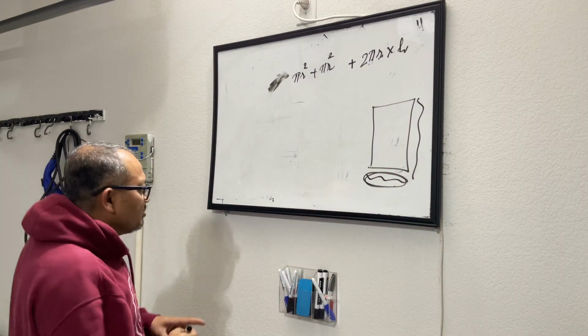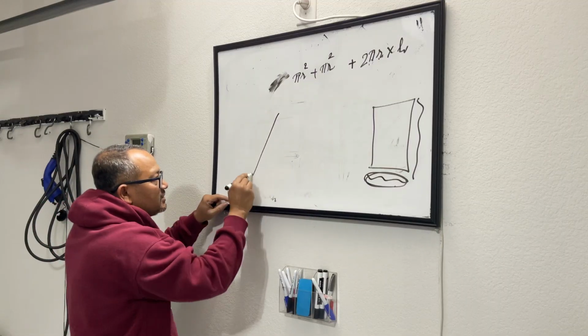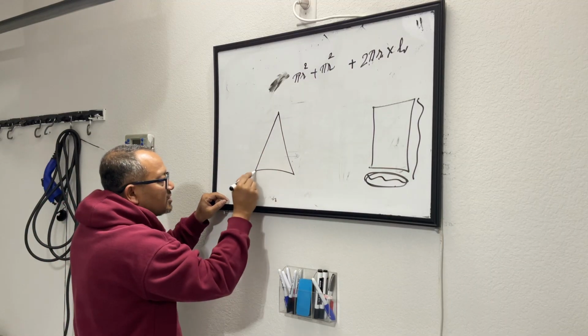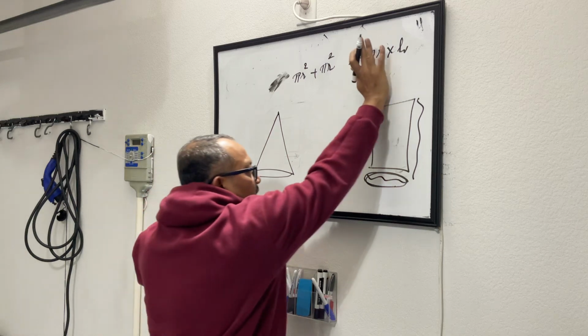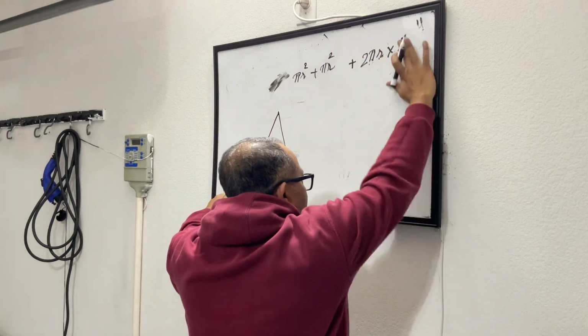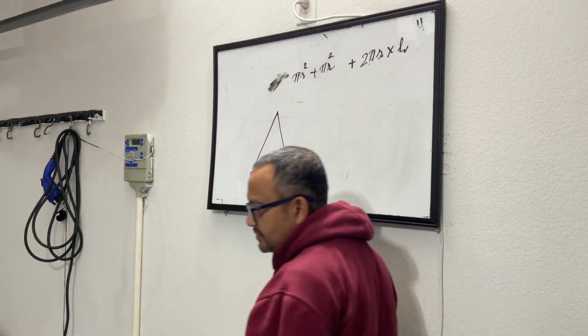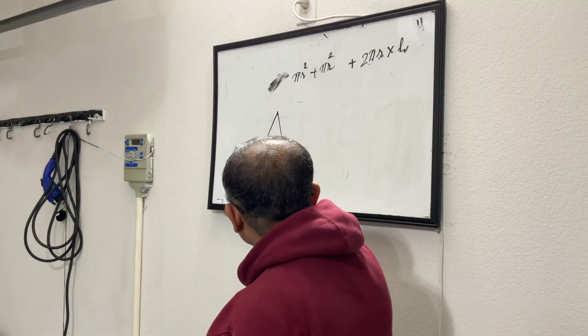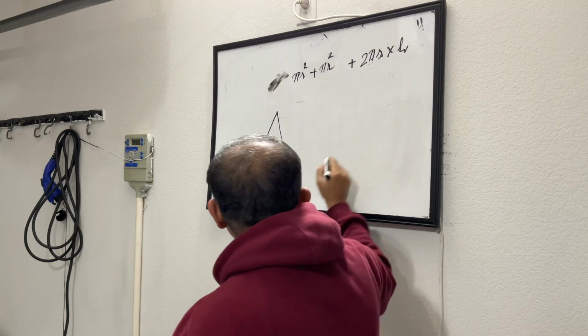Now, there are two more shapes that I will talk about. One is called a cone, which will resemble a little bit a pyramid, and the other is a sphere.